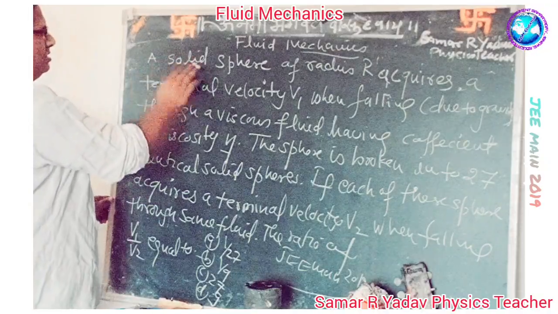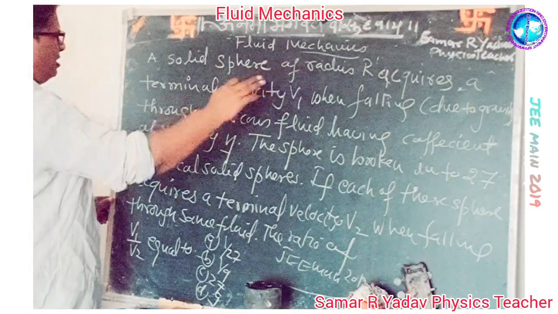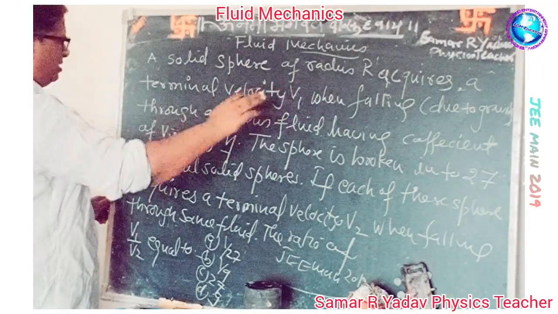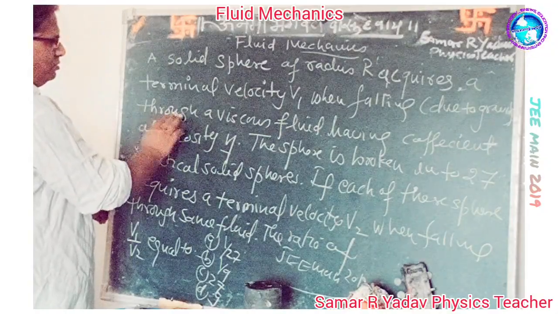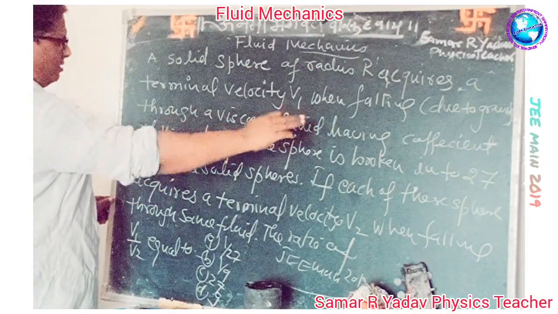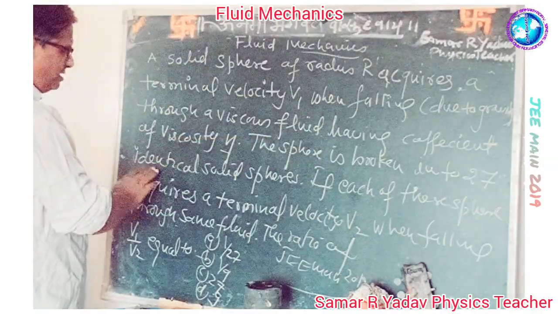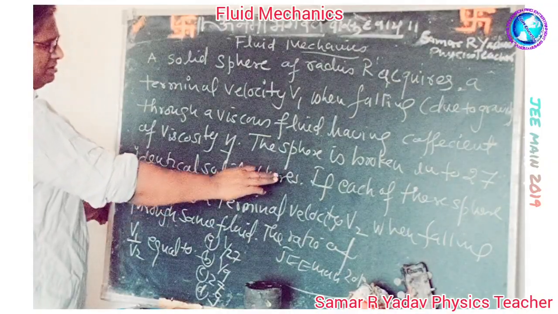Again, a solid sphere of radius capital R acquires terminal velocity v1 when falling under gravity through a viscous fluid having coefficient of viscosity eta. The sphere is broken into 27 identical solid spheres.